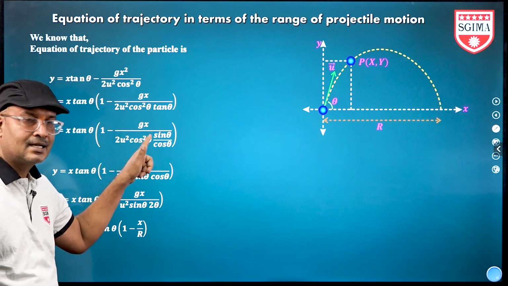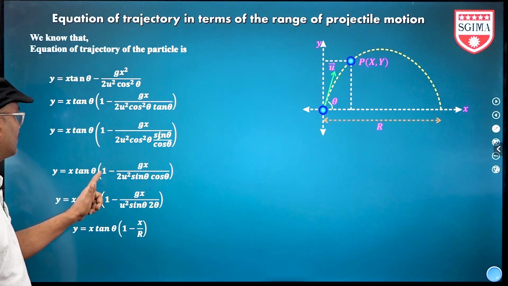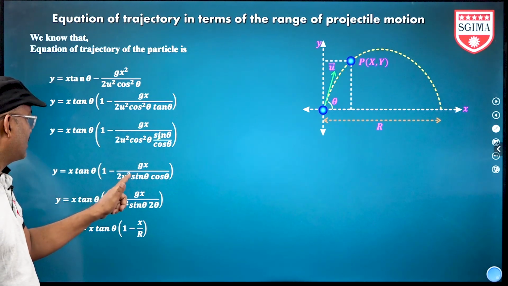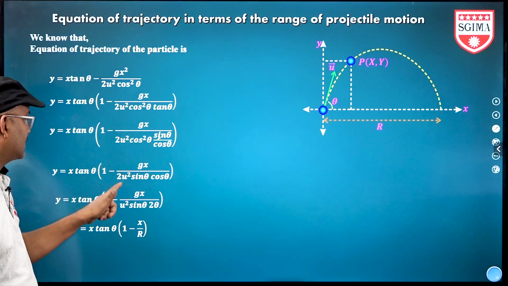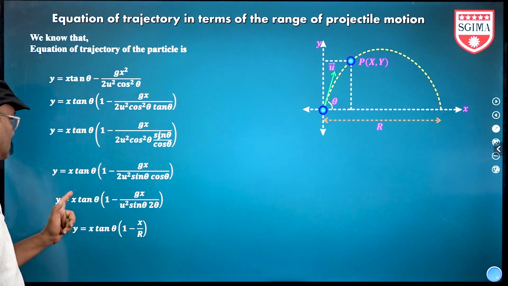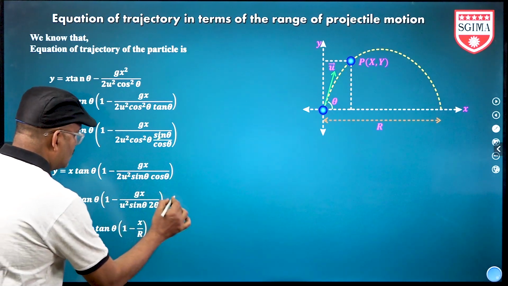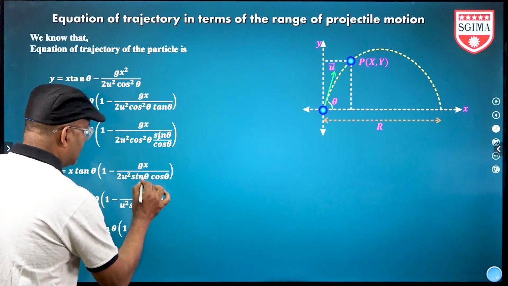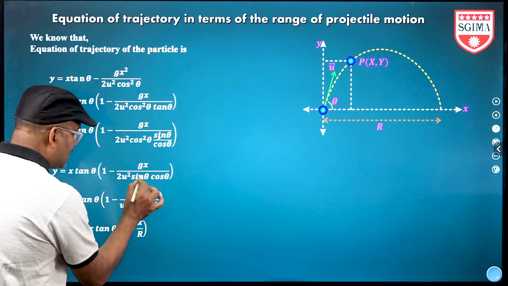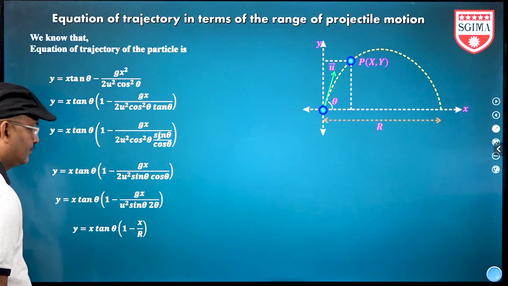Tan theta I can write as sin theta by cos theta, so cos theta will cancel: 1 minus gx by 2u square sin theta cos theta. Now, u square 2 sin theta cos theta, that is u square sin 2 theta by g.